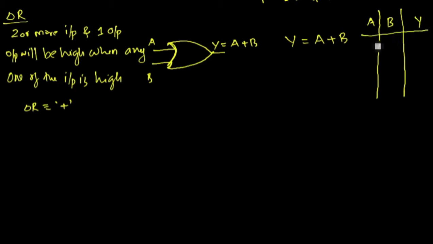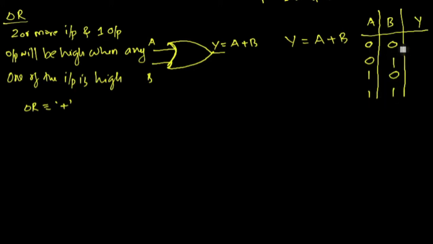Since we are considering a 2 input signal, the different combinations or possibilities are either A is 0, B is 0, or A is 0, B is high, or A is high and B is low, or both the inputs are high, or 1 1.